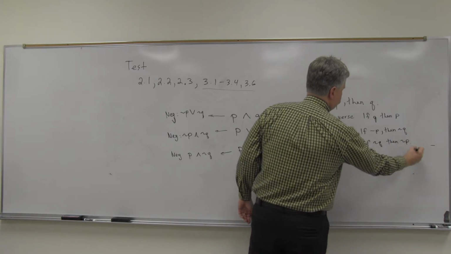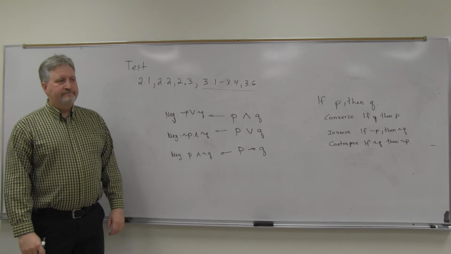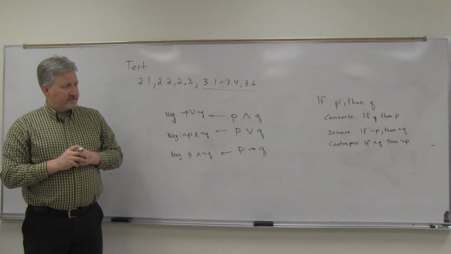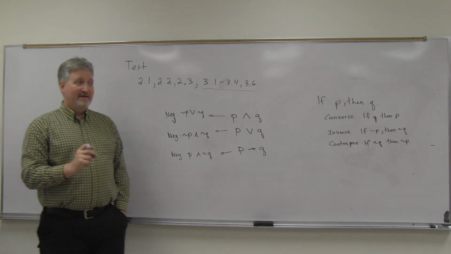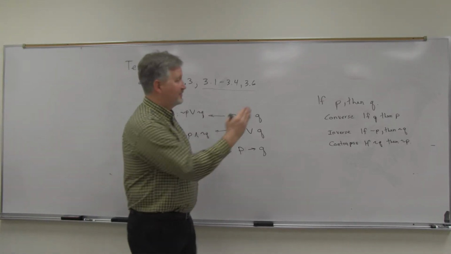We did it in symbols there, but usually I have those in words and state those in words. Converse, inverse, and contrapositive. And then one other thing to note on those, which one's equivalent to if P then Q?